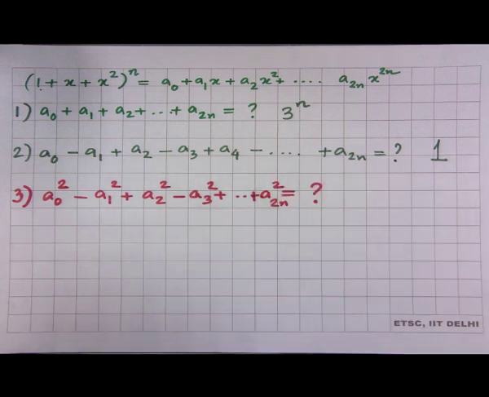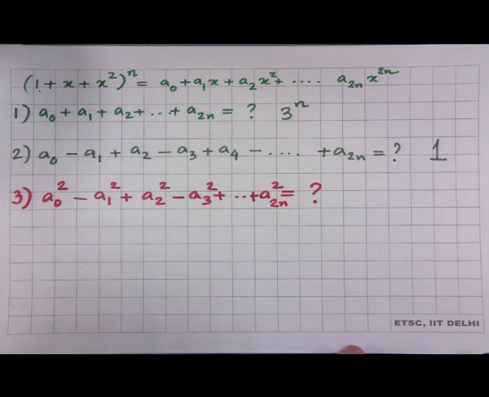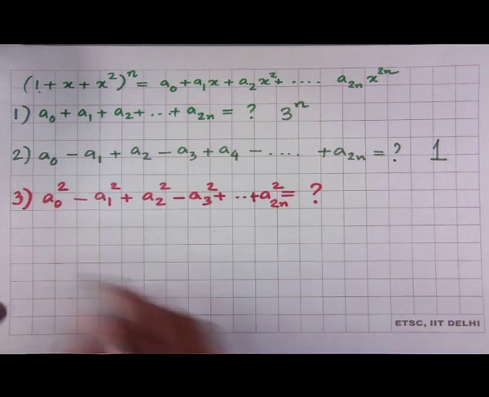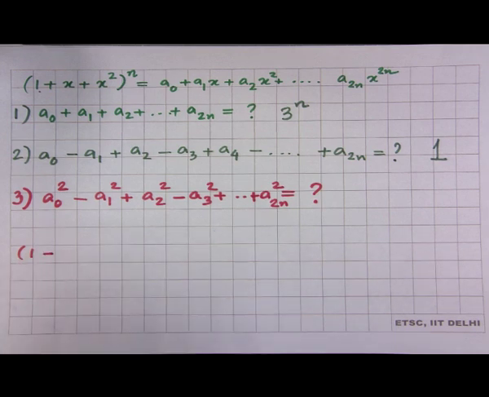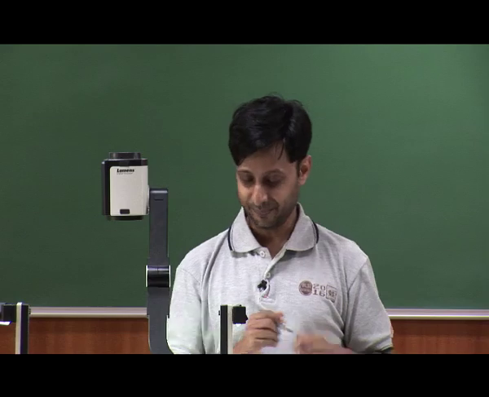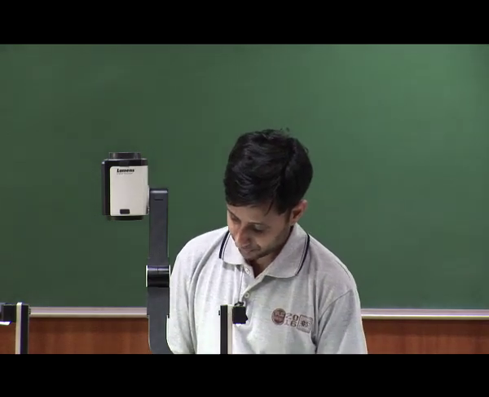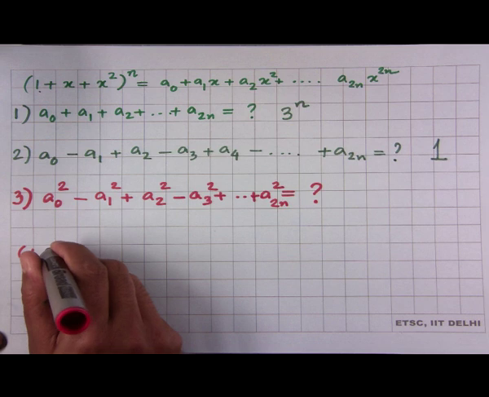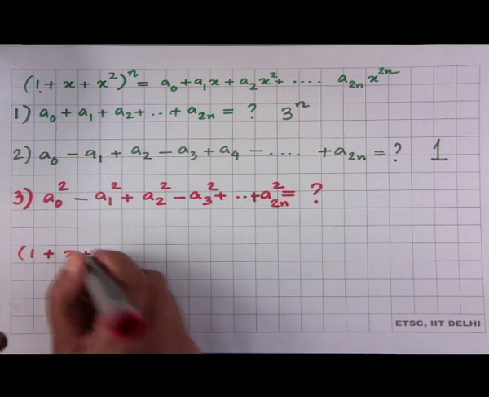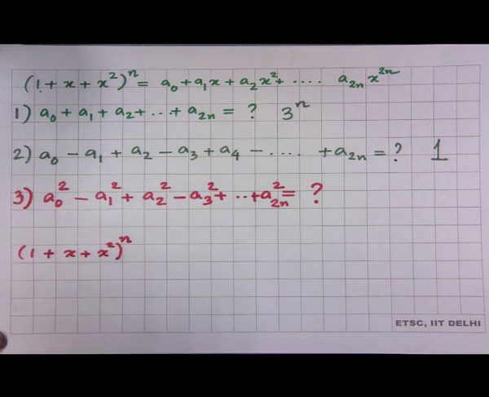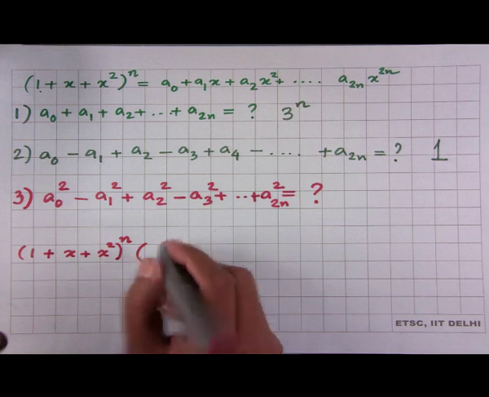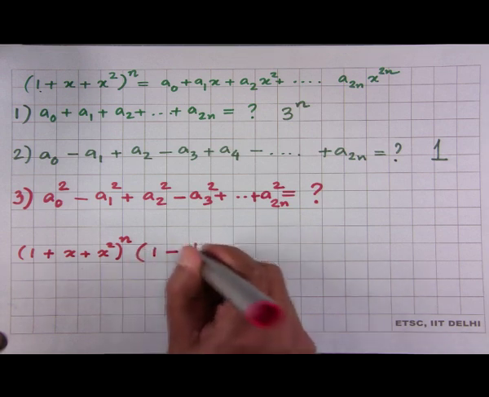How will you do this? Let us check. You have to plug in some x, right. So, what are you going to plug in? You want to plug in x equal to, okay. So, one possibility is that you look at this and multiply it with a 1 by x.